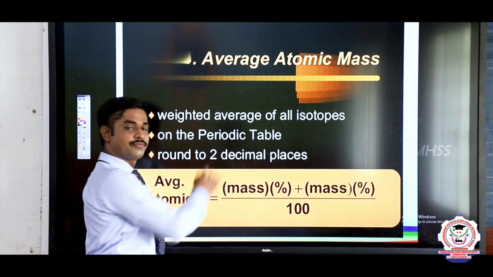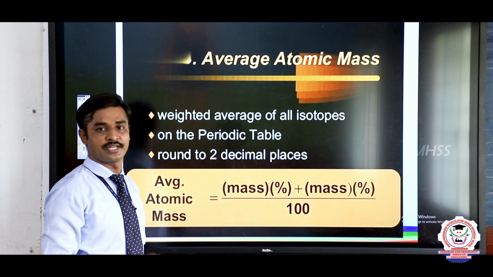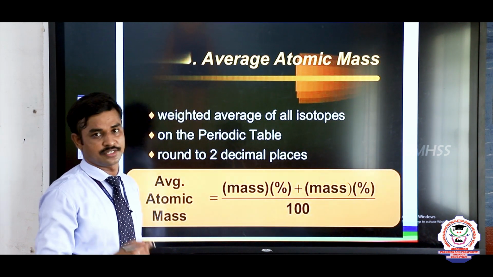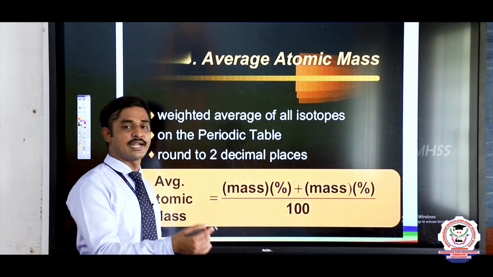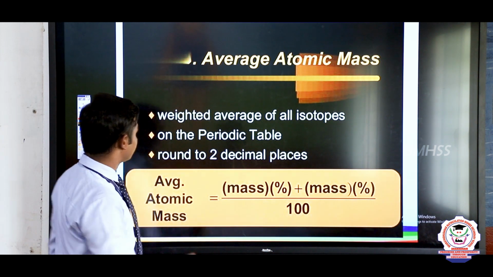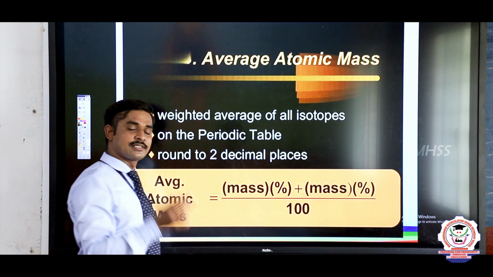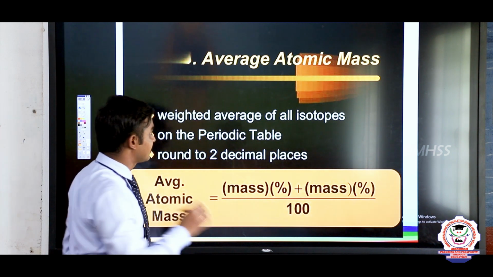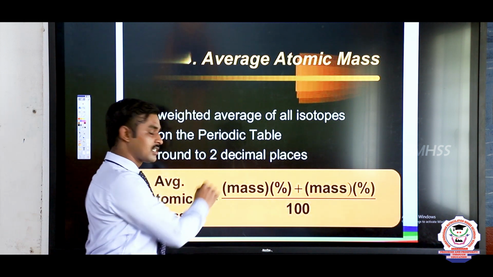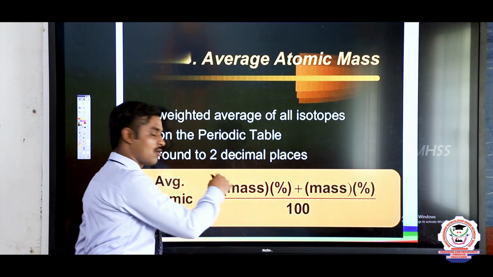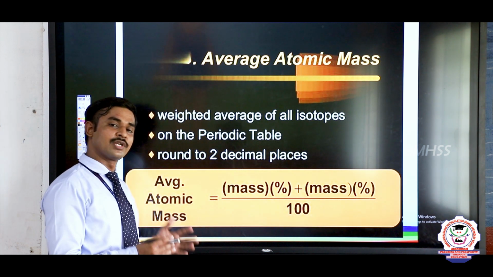Hydrogen has 3 isotopes, carbon has 3 isotopes, and oxygen also has 3 isotopes, with mass numbers 16, 17 and 18. In the periodic table we can see the mass number, which is the average atomic mass, and it is rounded off to get the rounded value.